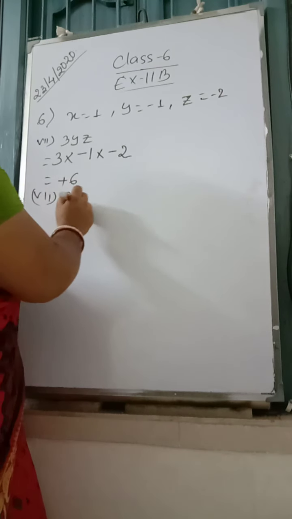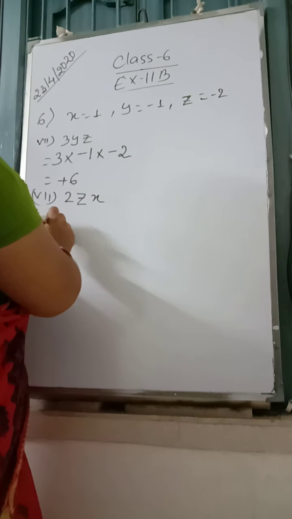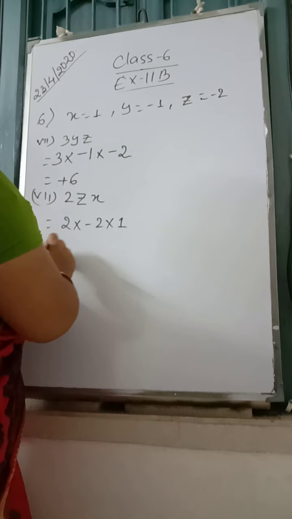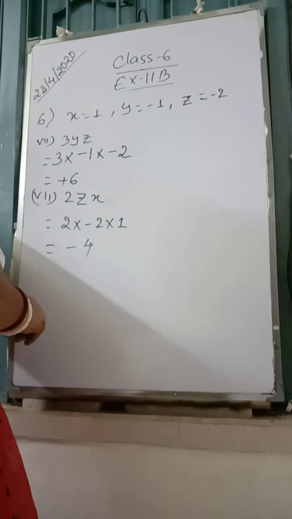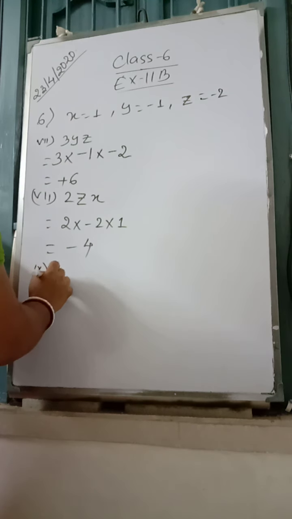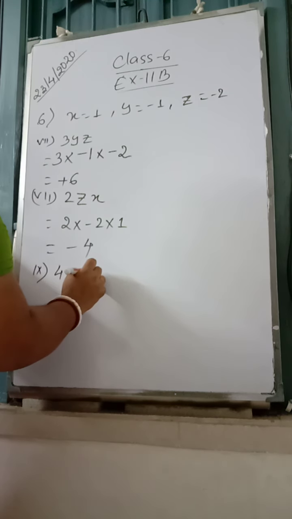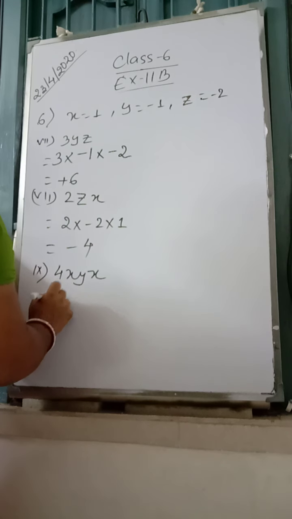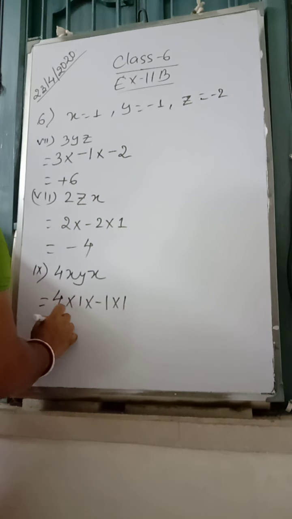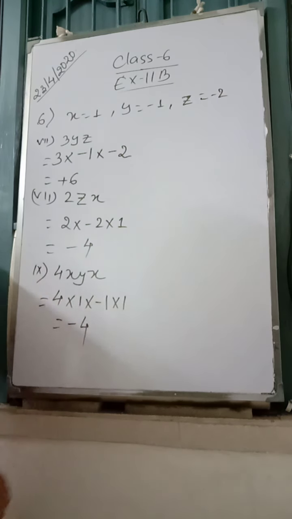Number 8, 2zx. So 2, z's value is minus 2, x value is 1. So this gives you minus 4. Number 9, 4xyx. So 4 into x value is 1, y's value is minus 1, again x value is 1. So this gives you minus 4.